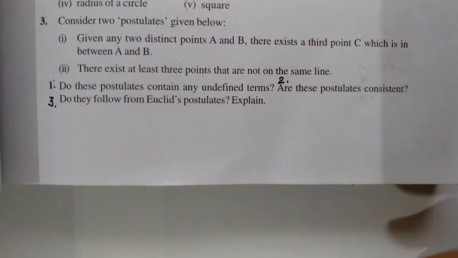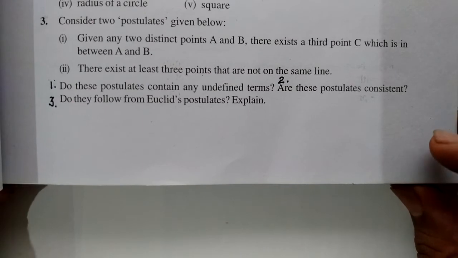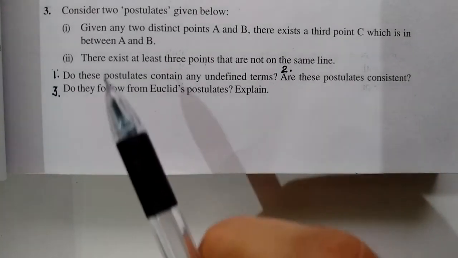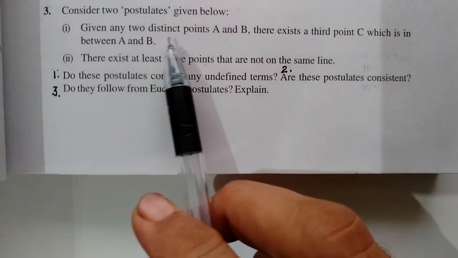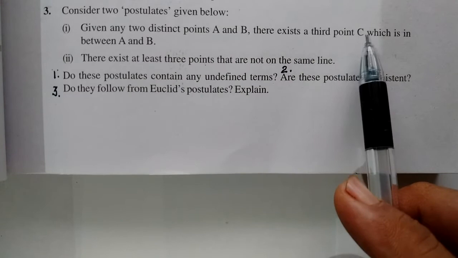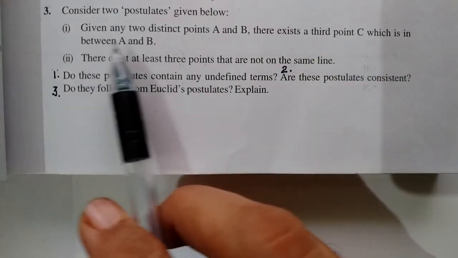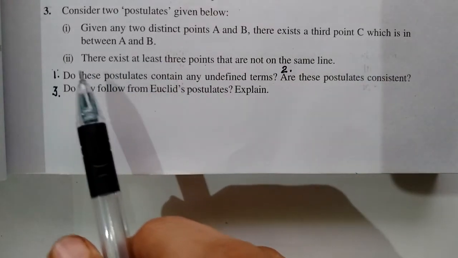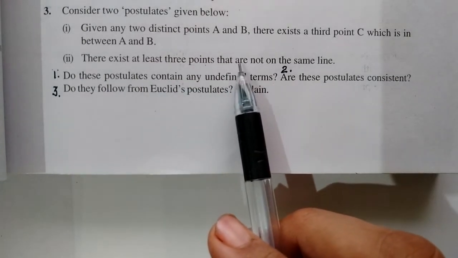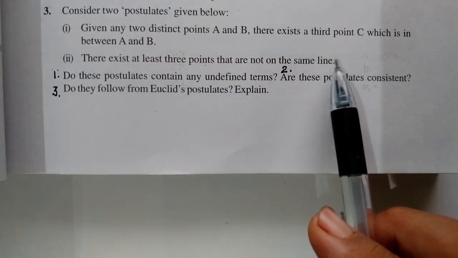Question 3. Consider two postulates given below. First one: given any two distinct points A and B, there exists a third point C which is in between A and B. Second: there exist at least 3 points that are not on the same line.